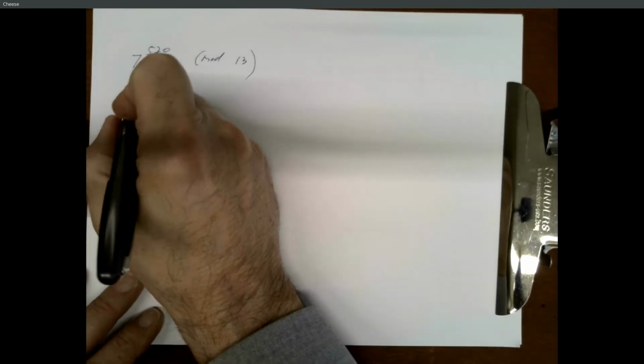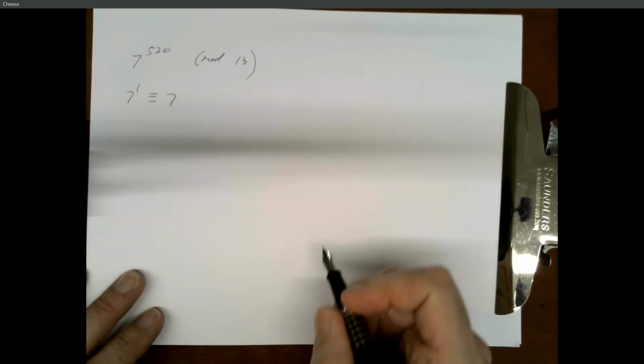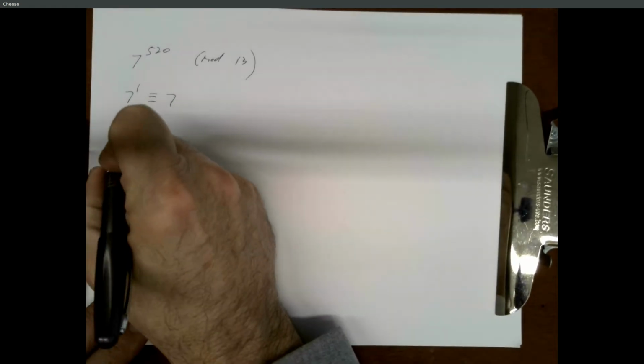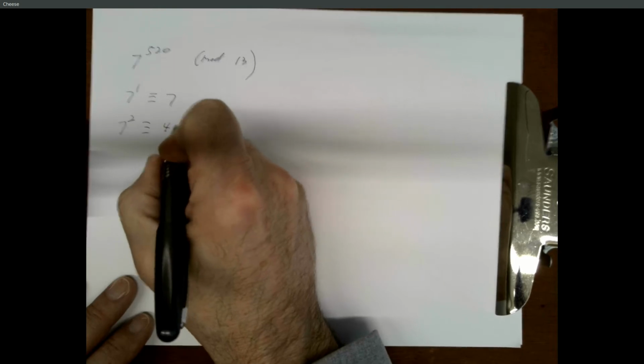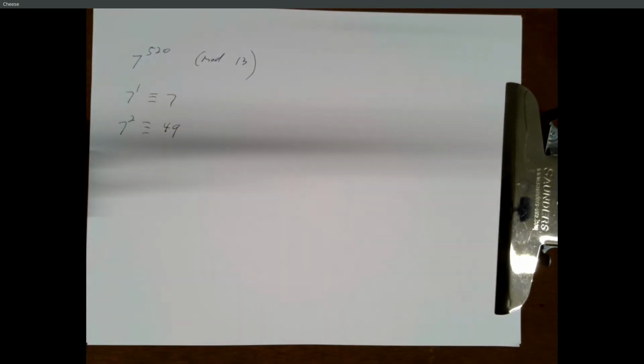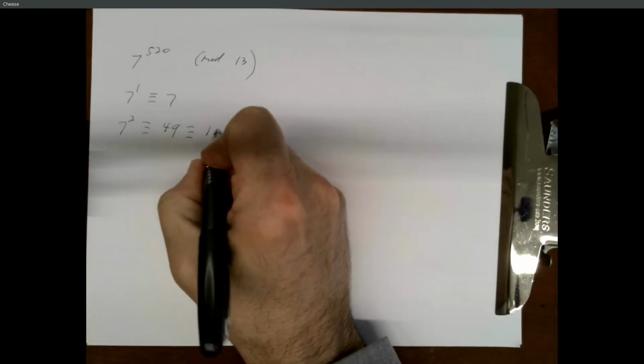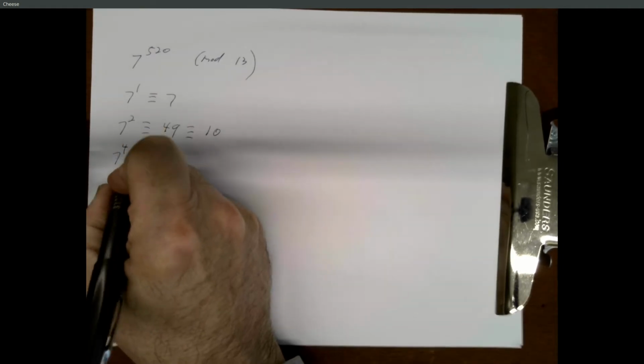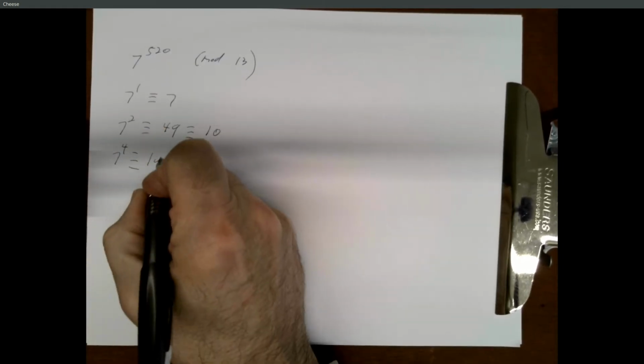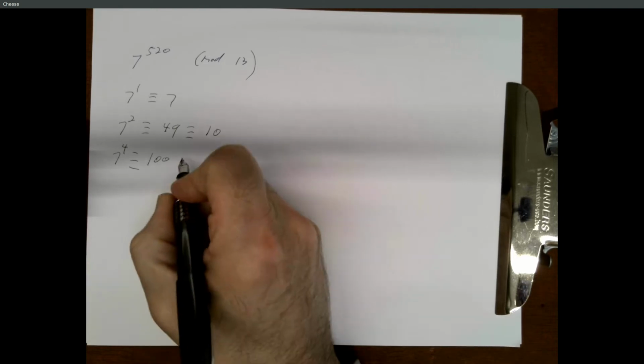Okay, so start calculating powers of 7. So 7 to the first is easy, that's just 7. 7 squared is 49, and what's the remainder when you divide 49 by 13? Right, so it's 10 more than 39, so that's congruent to 10. 7 to the fourth is the square of that, so that's congruent to 10 squared, which is 100.